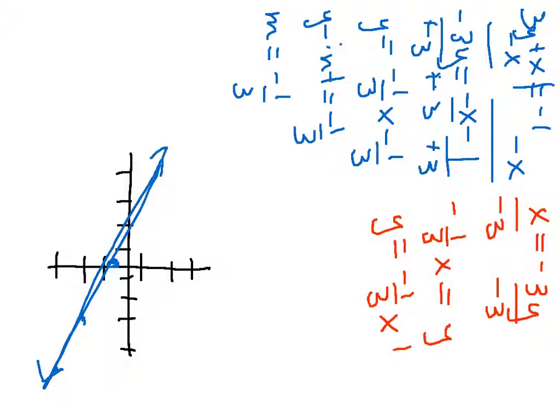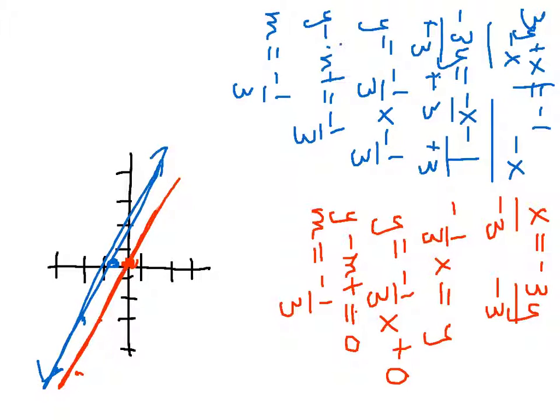And then let's put a plus 0 just to remind us that that's our y-intercept. So our y-intercept is 0. And our slope is negative 1/3. So there's our y-intercept. We're going to go down 1/3, down 1/3, and I get this red line right here. And you can see those lines are in fact parallel.